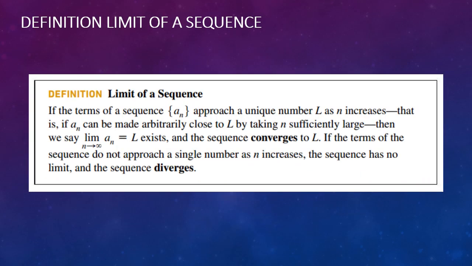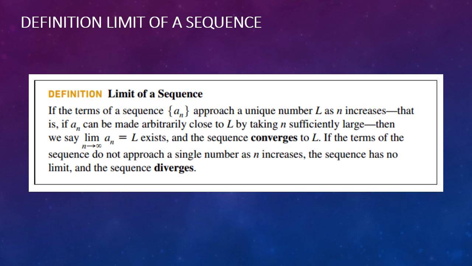So let's look at the definition of the limit of a sequence. This should seem somewhat familiar to you from Calculus 1, specifically the limit as x approaches infinity, or the limits at infinity.